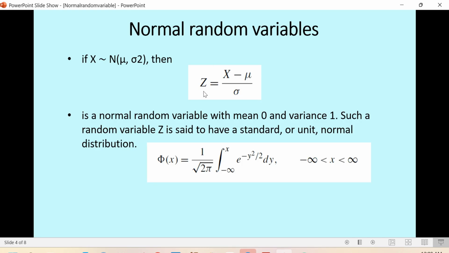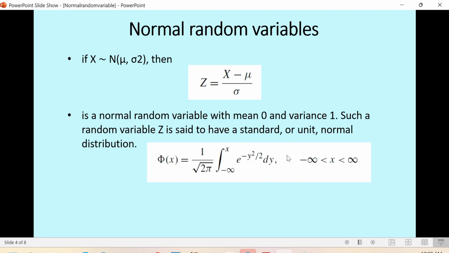This z value follows a normal distribution with mean equal to 0 and variance equal to 1 after we have transformed this normal random variable. So this z value follows the so-called standard normal distribution.